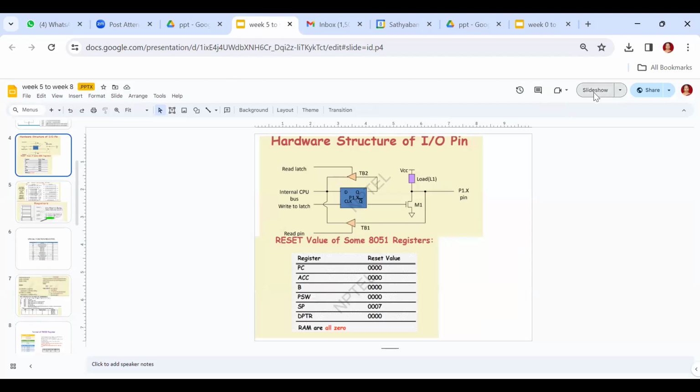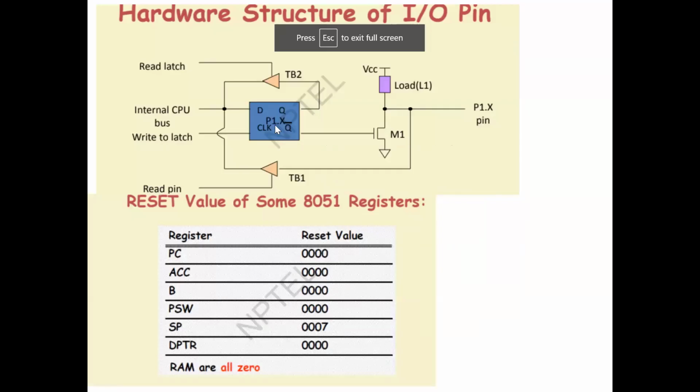In this, we can see that a D flip-flop is there, a latch is there, and when you see the grounding, it is a tri-state buffer. What is a tri-state buffer? 1 is high state logic, 0 is low state logic. A tri-state buffer depends on the impedance.